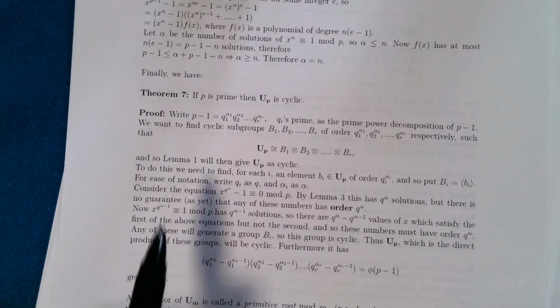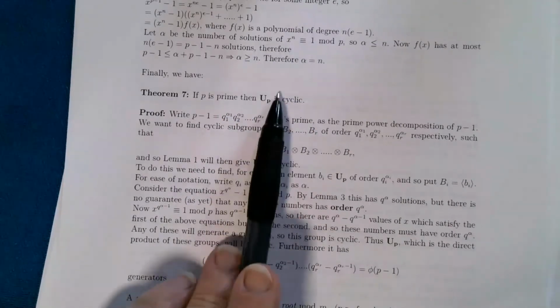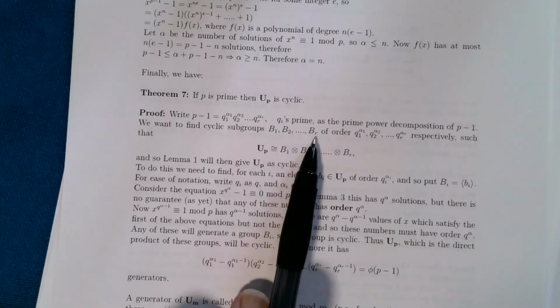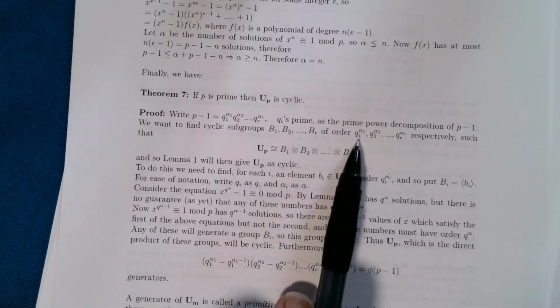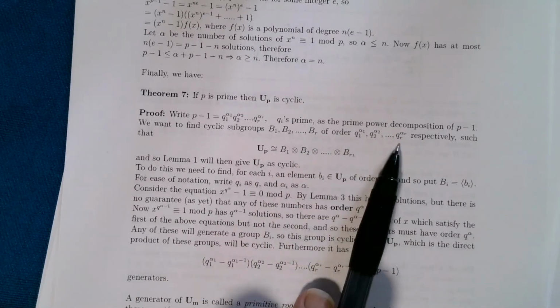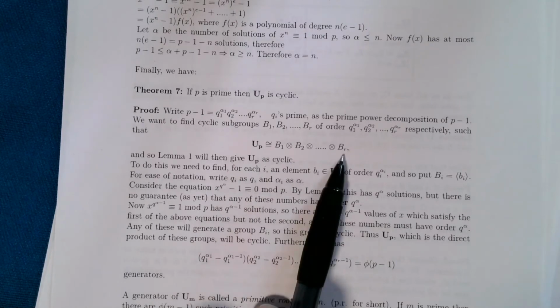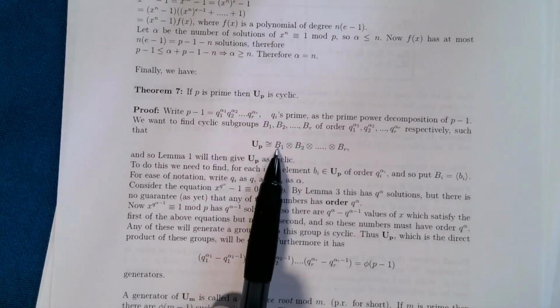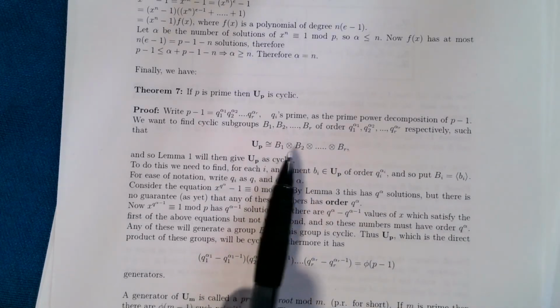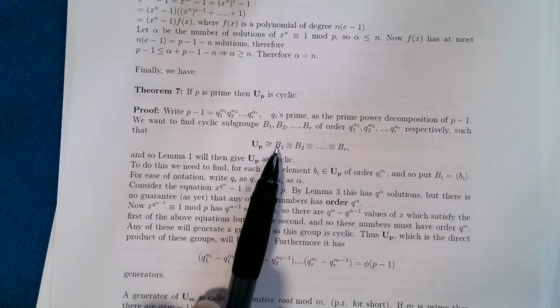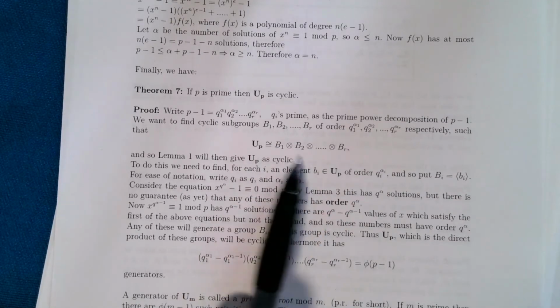To show this is cyclic, I want to find cyclic groups B1 up to BR of order q1 to the alpha 1 up to qr to the alpha r respectively, so that the group Up is isomorphic to this direct product. I can then apply lemma 1: if these are all cyclic groups and pairwise coprime in size, which they will be, then this is cyclic.